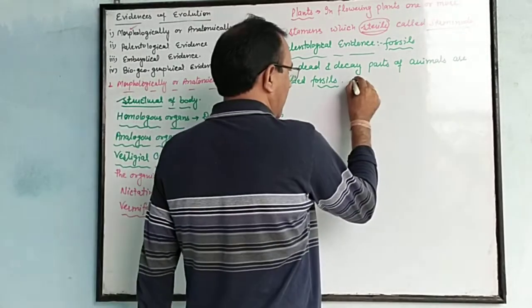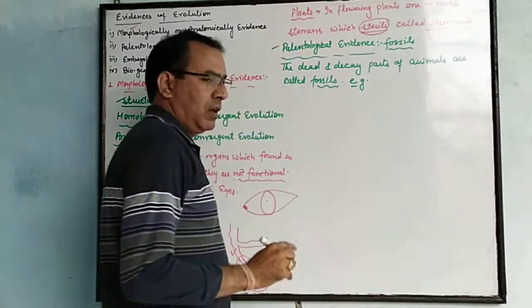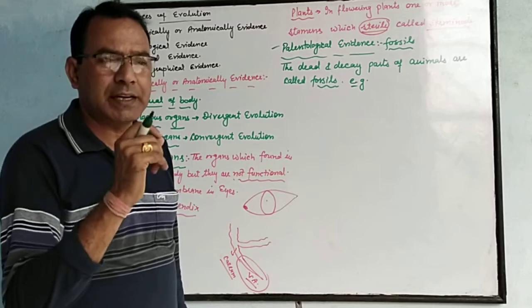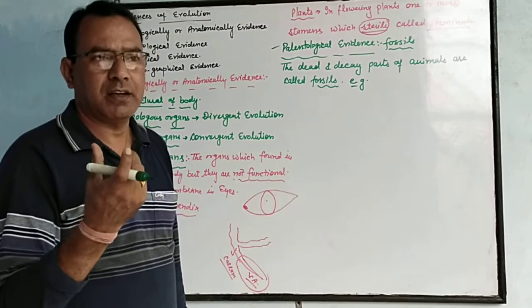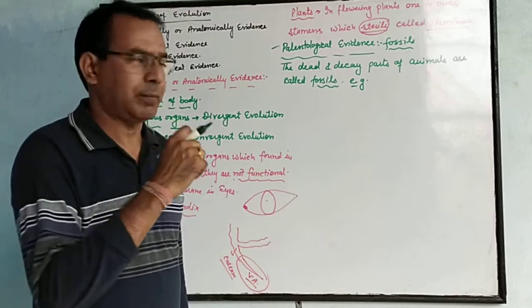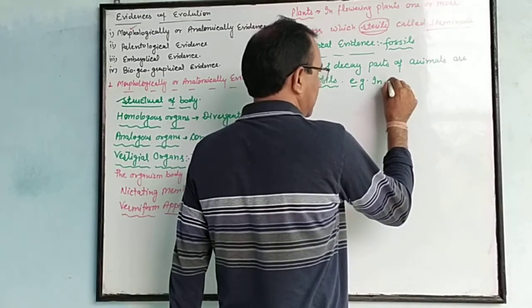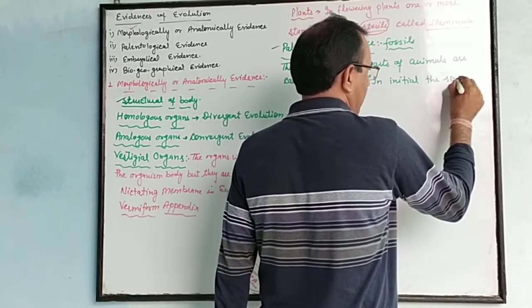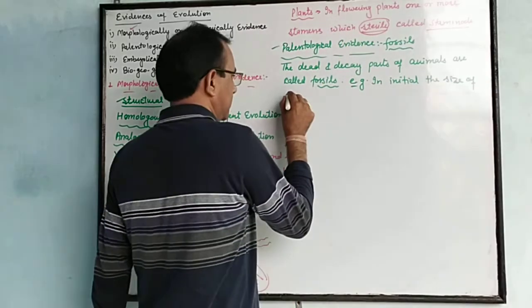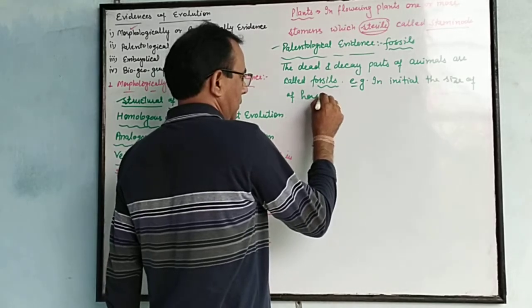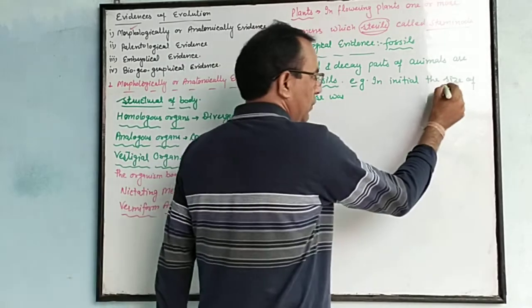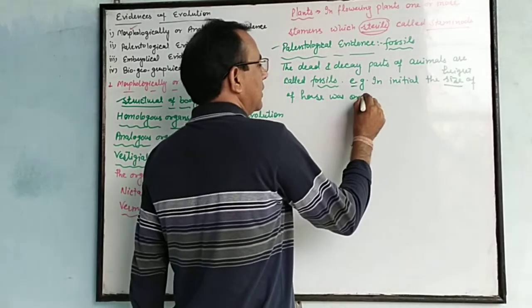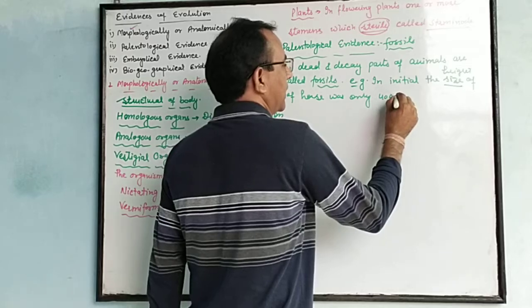For example, in the initial stage, the horse was only 40 centimeter in height. That is a fox-like structure, fox shape. The height of the horse was only 40 centimeter.